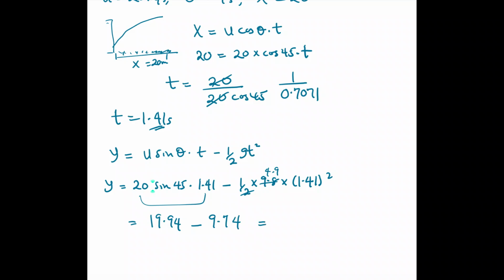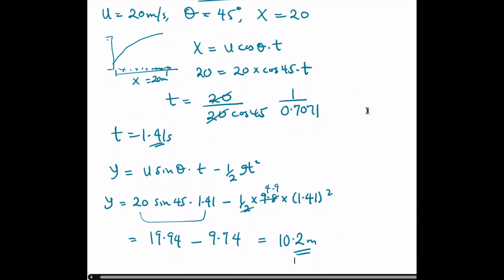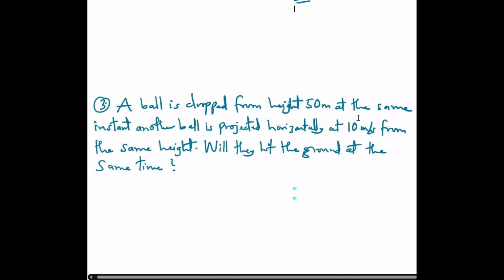So 19.94 minus 9.74 gives us 10.2. So it will be 10.2 meters. This will be the height it reaches when the wall is 20 meters away.